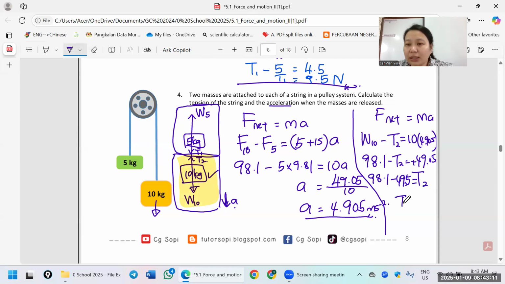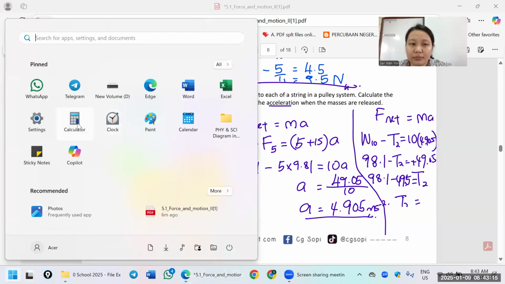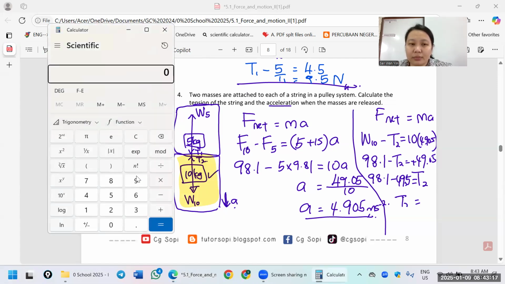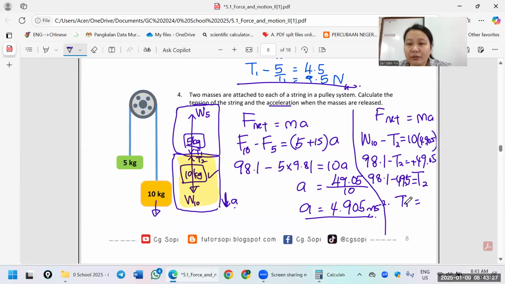Okay, so now T2 will equal 98.1 minus 49.05. The answer is 49.05 Newton.